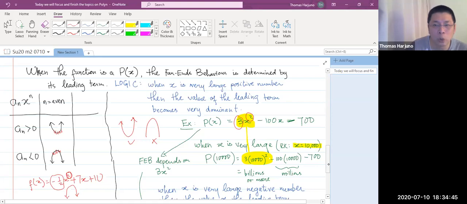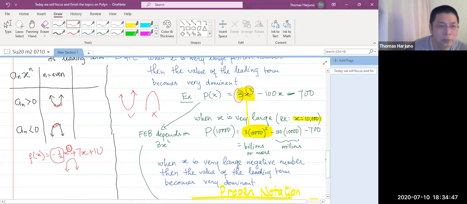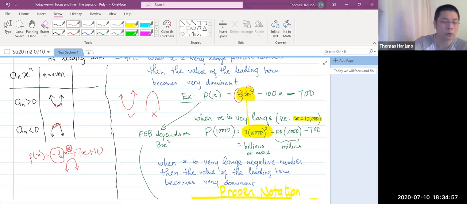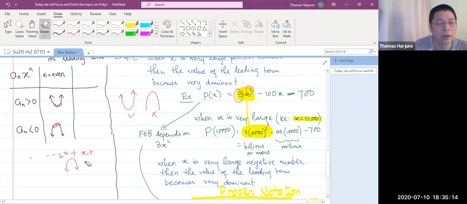Now we will have the same far end behavior even if I change that 2 to 4. Even if I change that 4 into 14, it will still have the same far end behavior. Of course, how the graph behaves in between, we don't know. It will change, right? But at the very end, we know it will go to negative infinity, both ways, to the right or to the left.